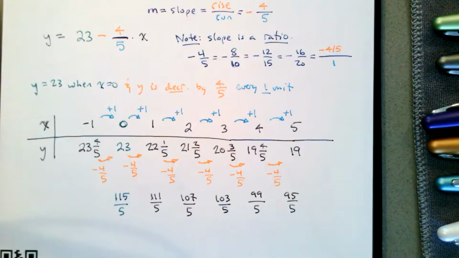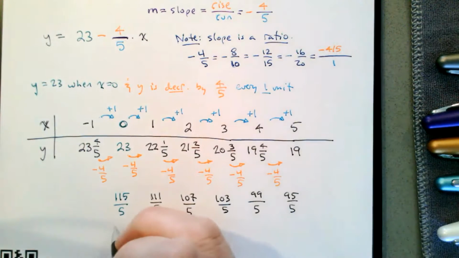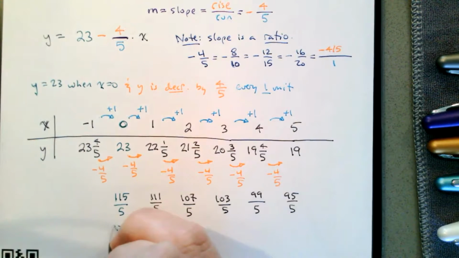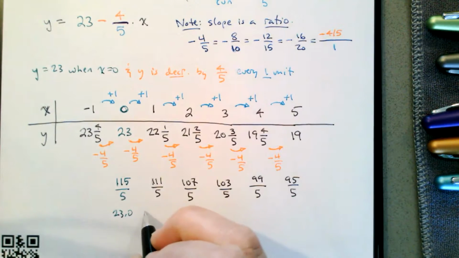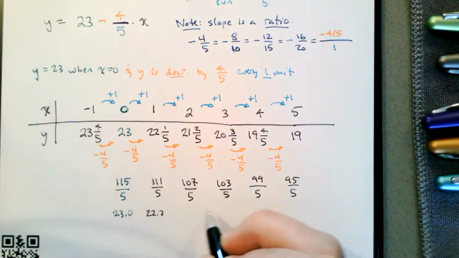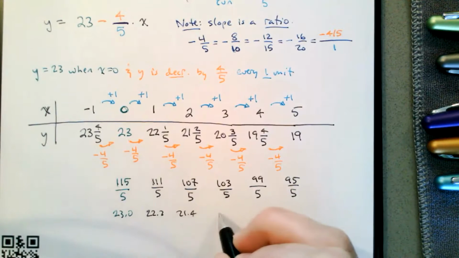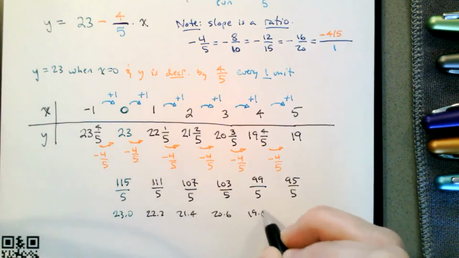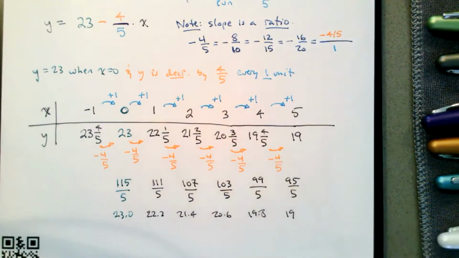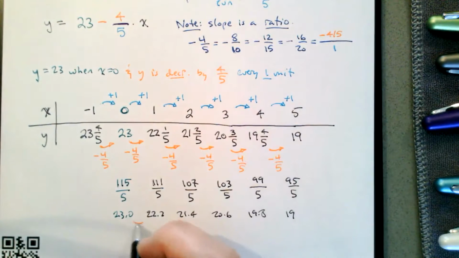At least when I use 5s, the decimals work out, because we're subtracting 0.8 each time. So 23, and then we get 22.2, and then 21.4, and then 20.6, and 19.8, and then 19, because 4/5 is 0.8.